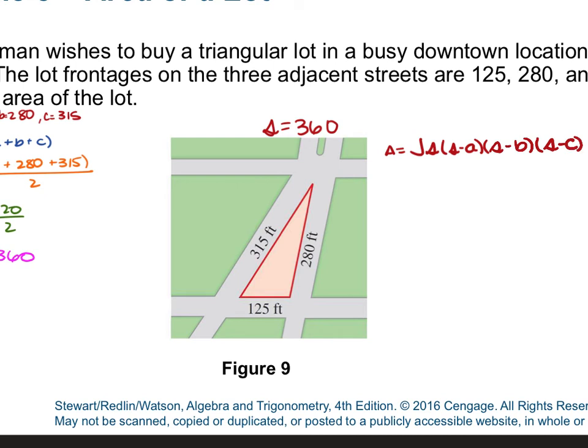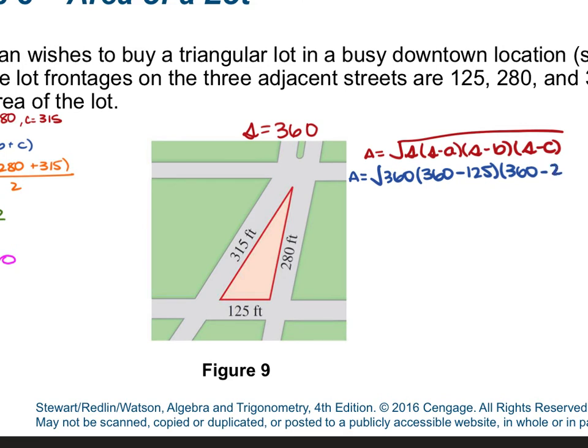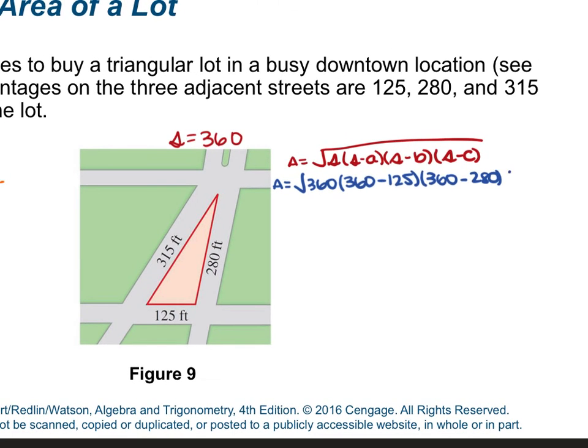So, if we write this out, this is what we're going to plug into our calculator. A is equal to the square root of 360 times 360 minus A, we said that was 125, times S minus B, which is 360 minus 280, times 360 minus 315.